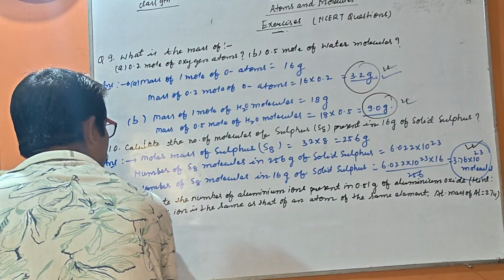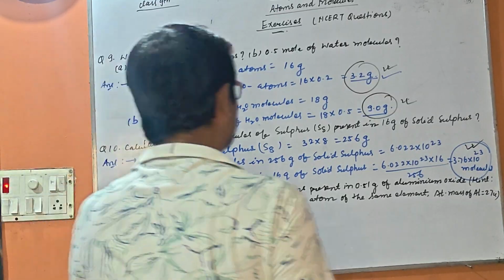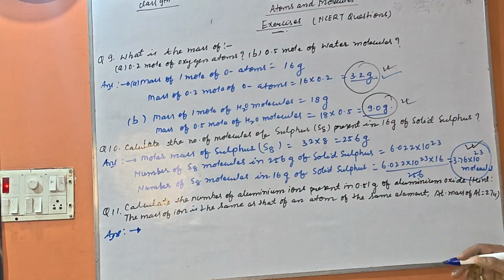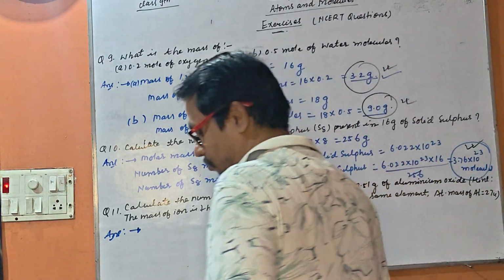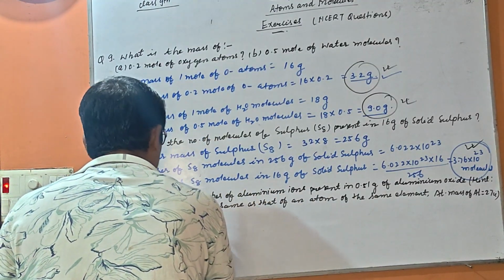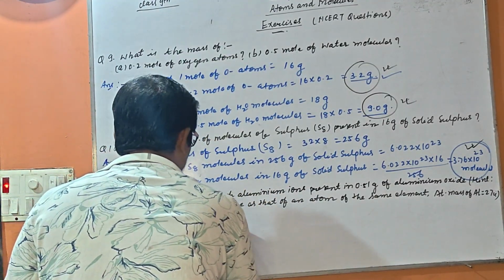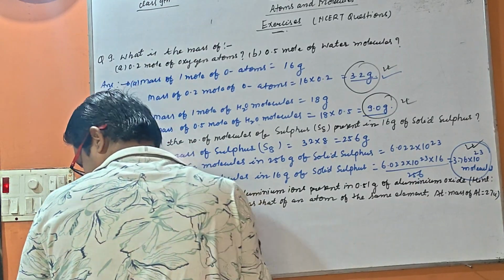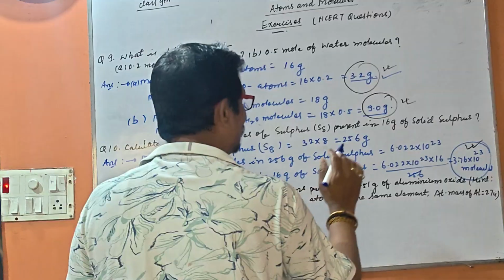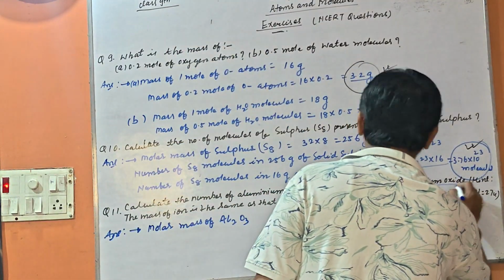So calculate the number of aluminum ions present in 0.51 gram of aluminum oxide. Hint: the mass of an ion is the same as that of an atom of the same element. Atomic mass of Al is equal to 27 u. At first we have to calculate the molar mass of Al2O3, because they are asking about aluminum oxide.